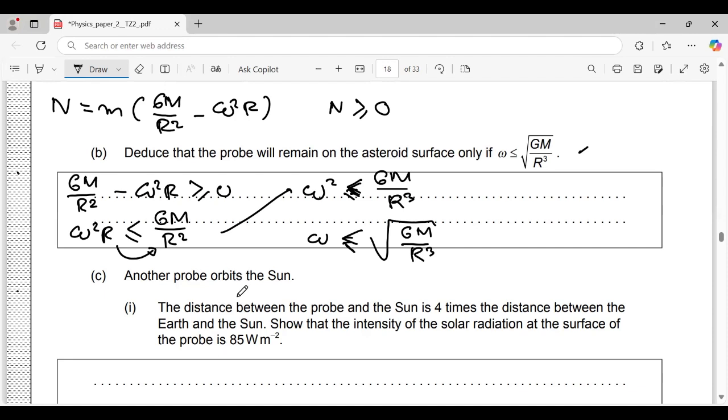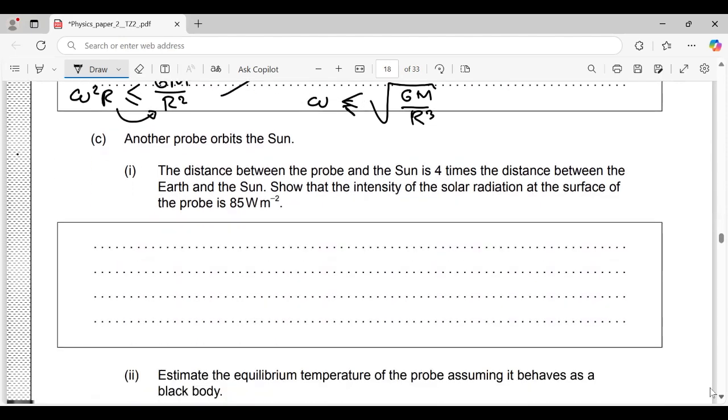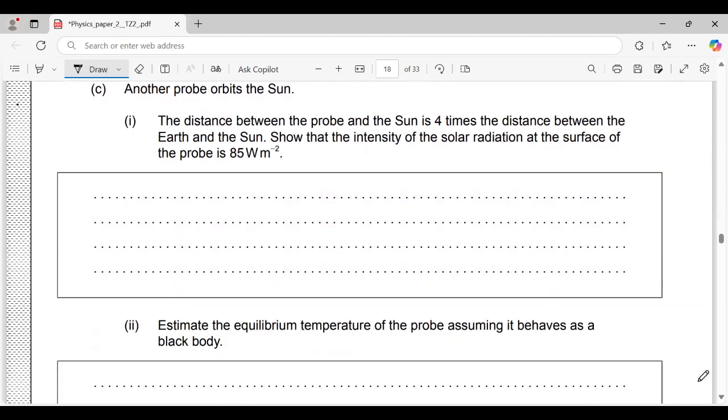Another probe orbits the sun. The distance between the probe and the sun is 4 times the distance between the Earth and the sun. Show that the intensity of the solar radiation at the surface of the probe is 85 watts per meter squared. Right.